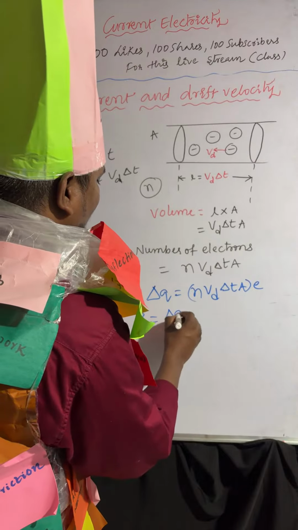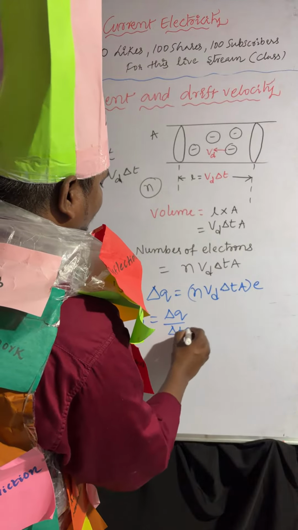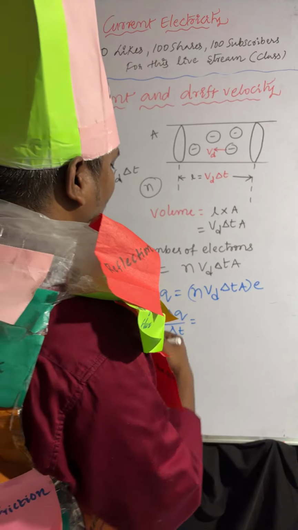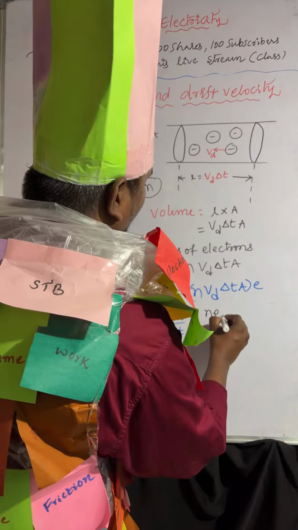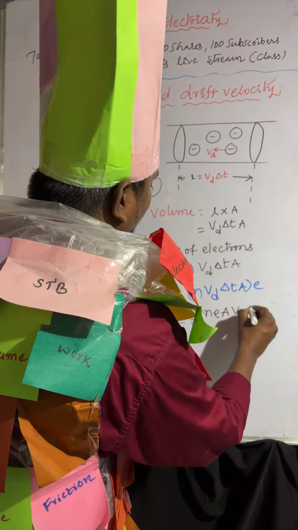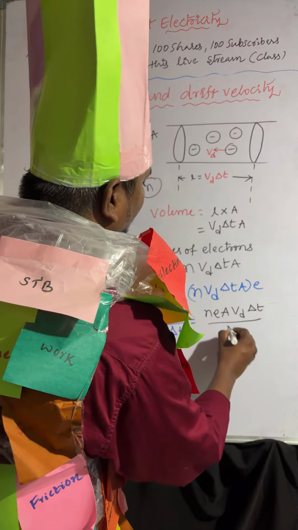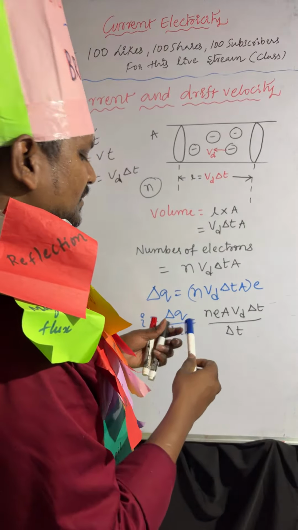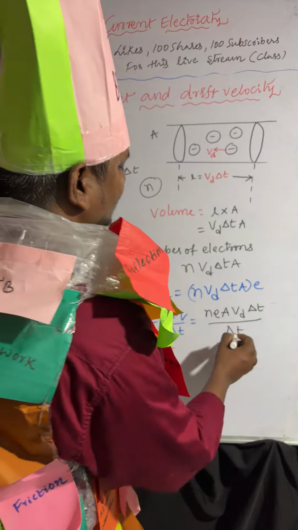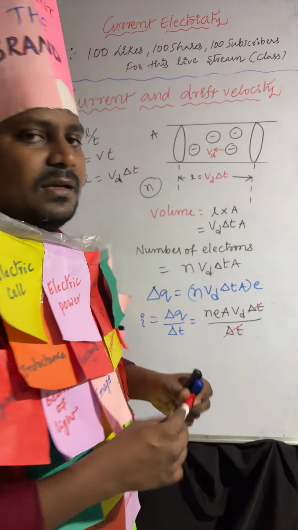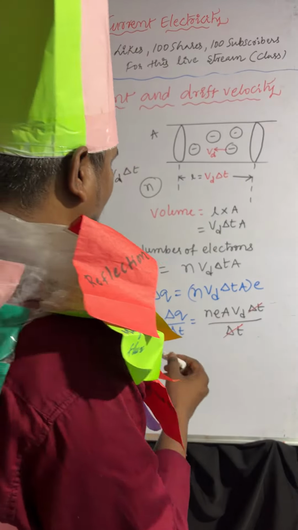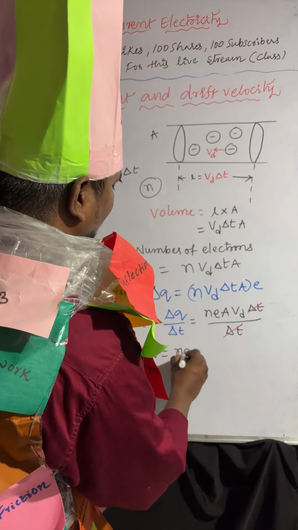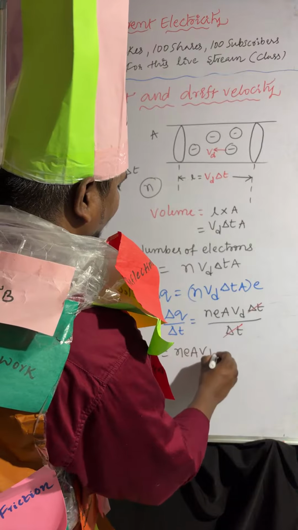I equal to delta Q by delta T, that is nothing but n e A Vd delta T by delta T. So here delta T gets cancelled. Shall we cancel delta T? After cancelling, what will be the remaining? I equal to n e A Vd.